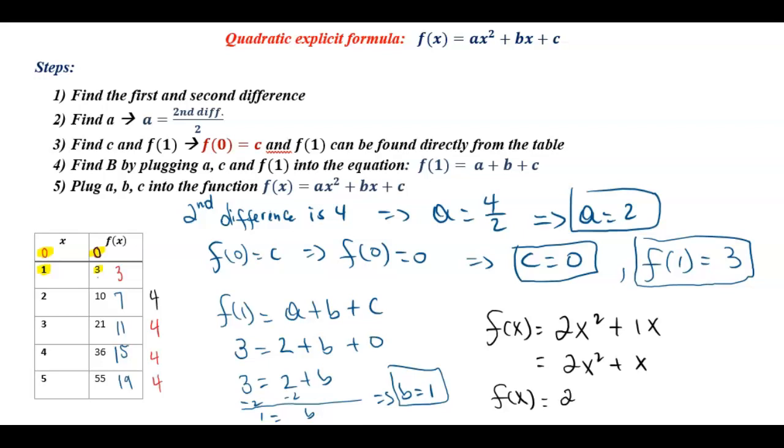Between x squared and x, when you factor a variable, you always factor out the one with the smallest exponent. This has an exponent of 2 and this one has an exponent of 1. So 1 is less than 2, so I'm gonna factor out the smallest one, which is x.